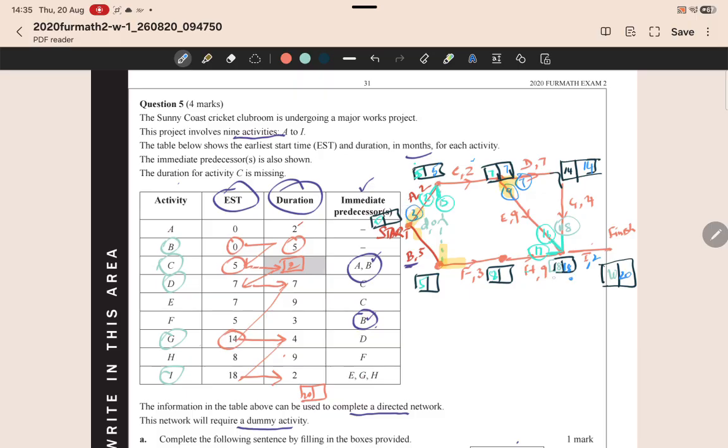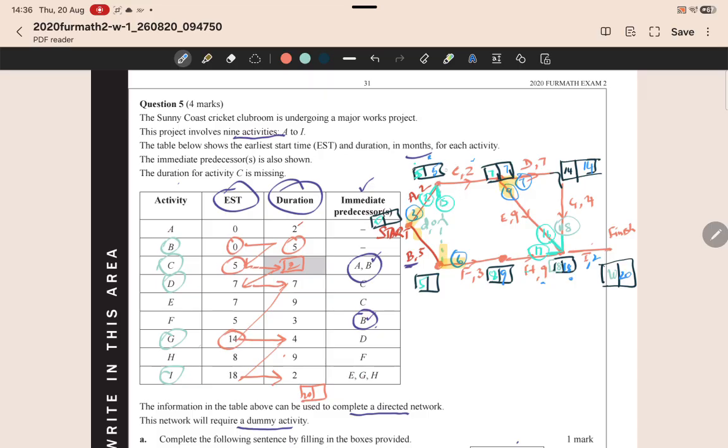So now let's go along H. 18 take away 9 is 9. 9 take away 3 is 6, but we can see we need to make a choice as multiple edges are meeting here. And now let's come along from this part, the latest start time of C, along the dummy.